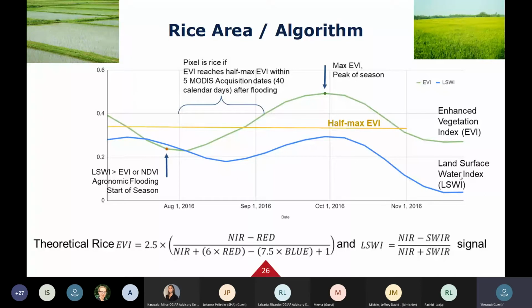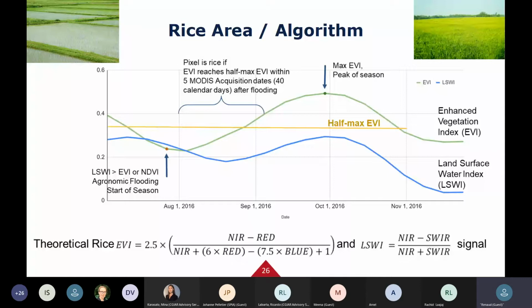One is to detect the agronomic flooding, the start of the season, which is the brown points on the left. That's when the EVI is higher than the land surface water index. And from there, we can identify the max EVI, the green point in the middle of the graph. And we have a rule that if we detect an increase of the EVI for a number of consecutive time steps and with a specific amplitude, then it's automatically classified as rice.